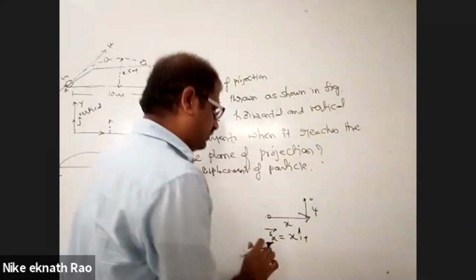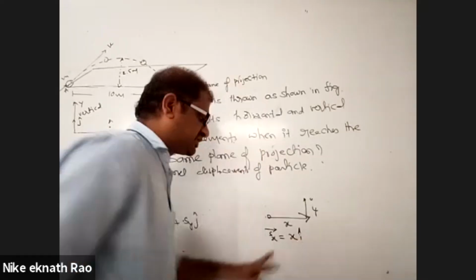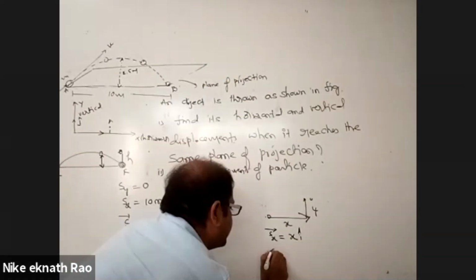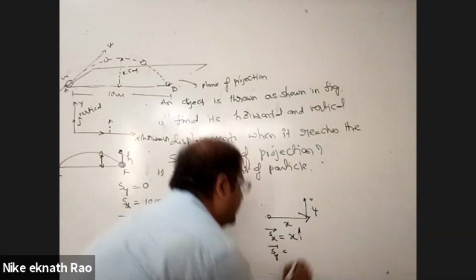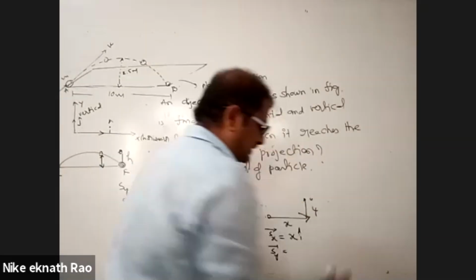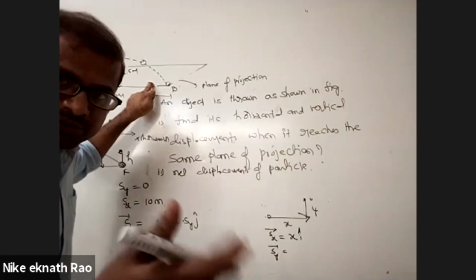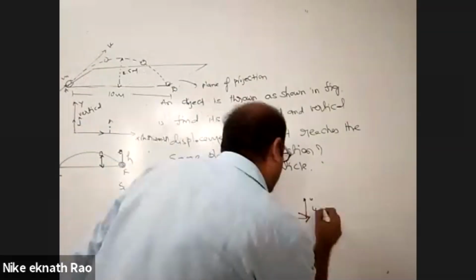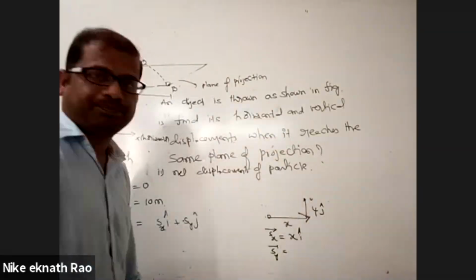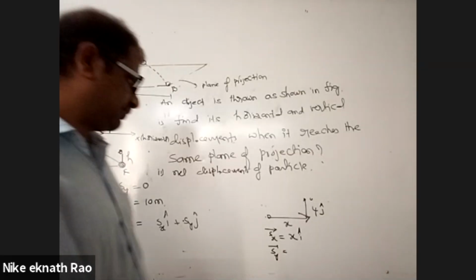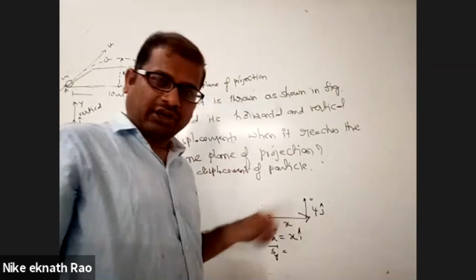Now, what is the y displacement? In this case there is no net displacement in the y direction, the y component is 0. But if it had some, it would be y into j cap. Do you agree with me?